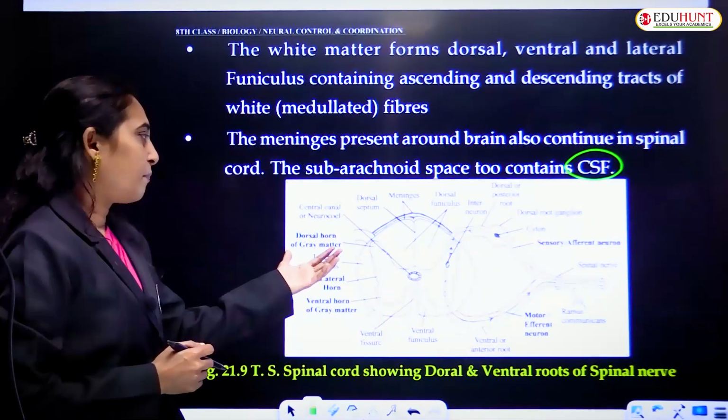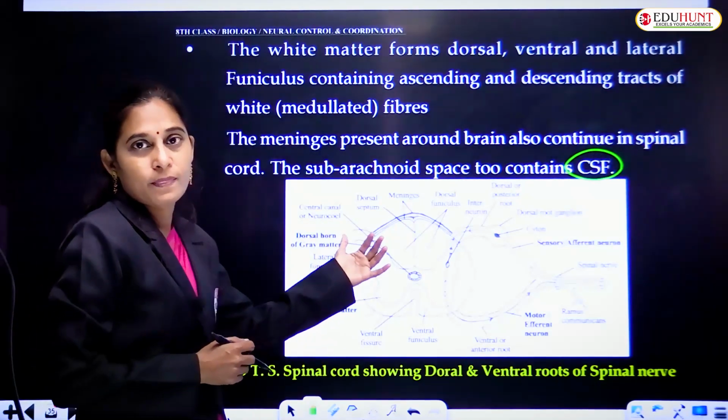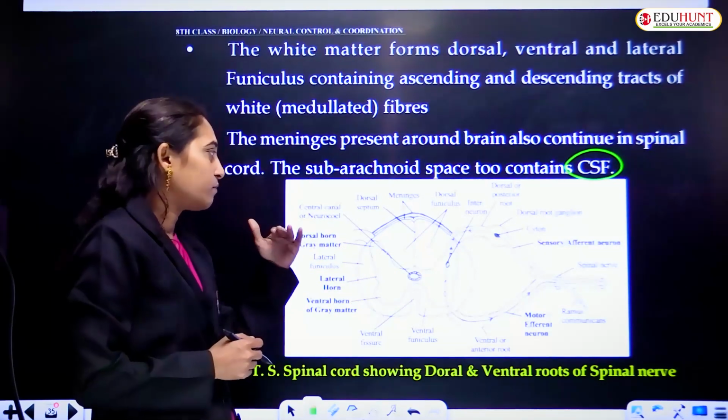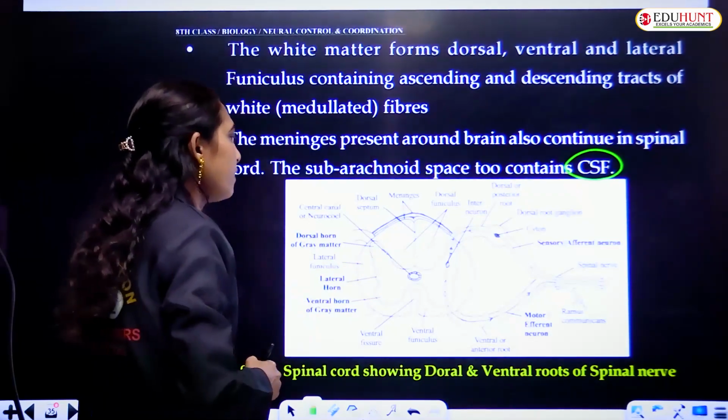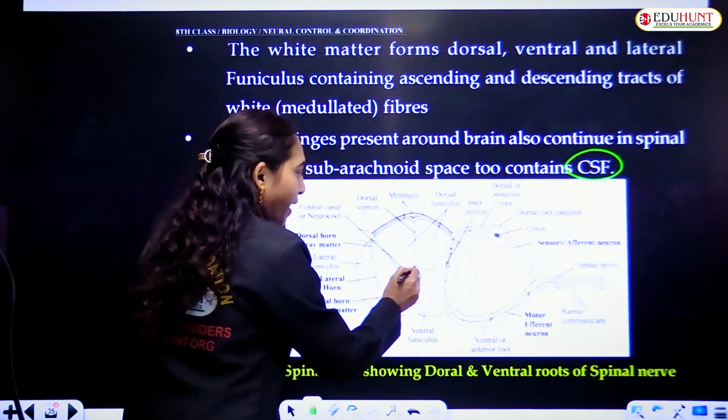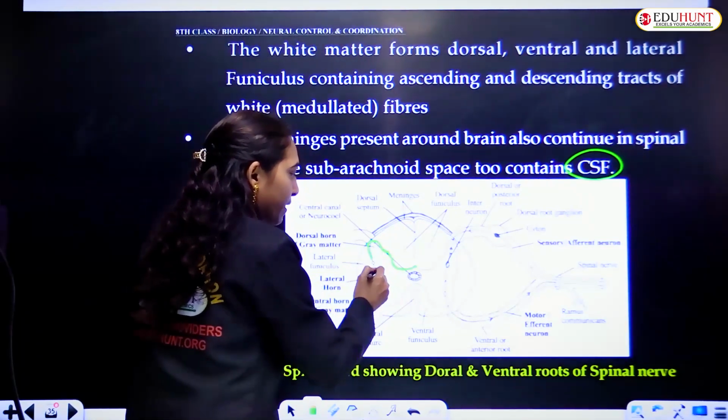It is the section of the vertebral column or the spinal cord, where you can see the grey matter. It is the grey matter, butterfly shaped.